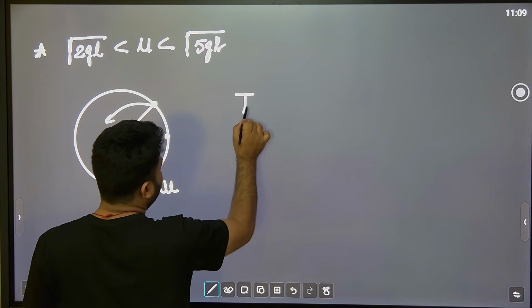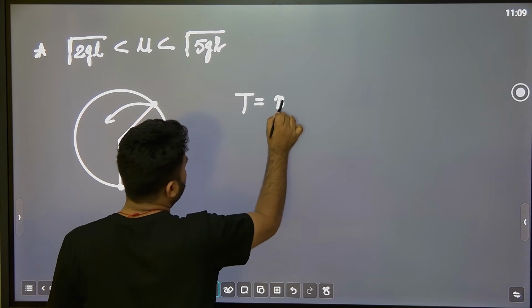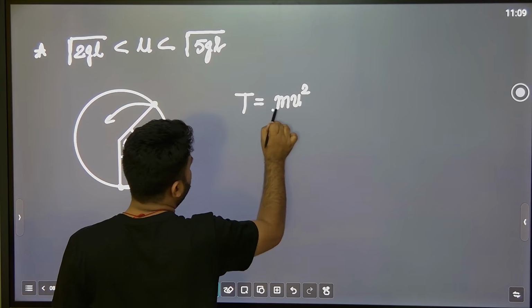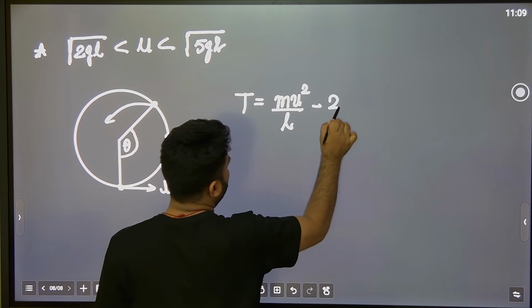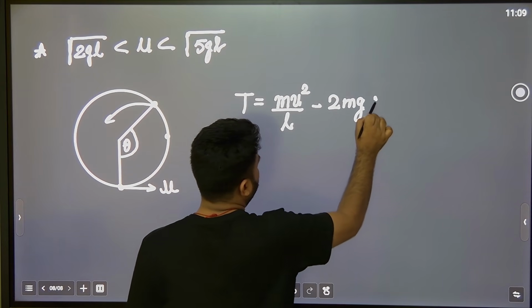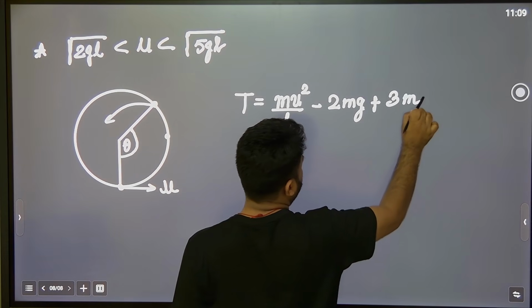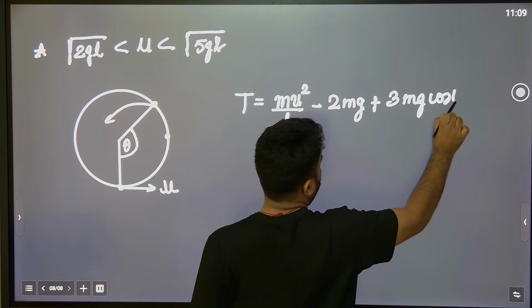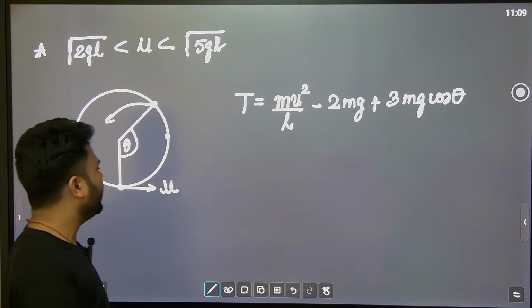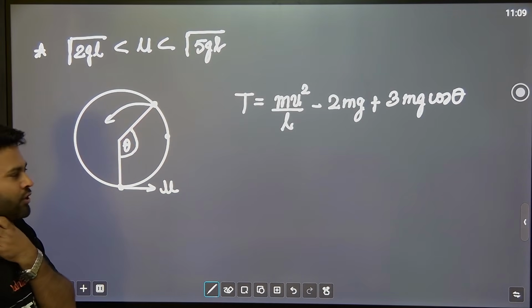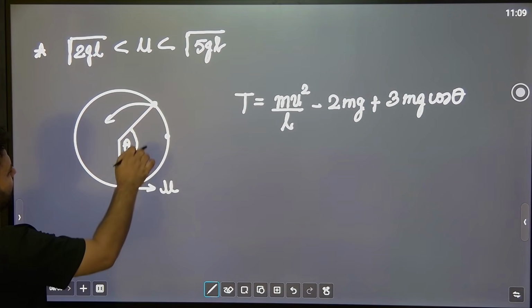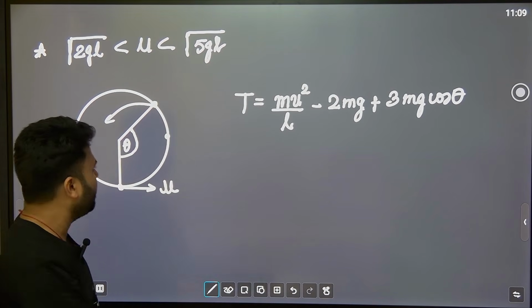See, you know this tension formula: mv square by L minus 2 mg plus 3 mg cos theta. They can ask what is this theta. You know that at this point the string becomes loose and the ball falls down.